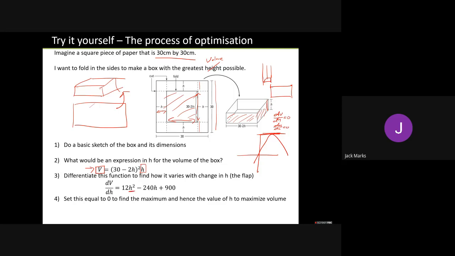And if you set this equal to 0, you will find some values for h. You will find the amount for h that makes this box as big as possible. And that's an optimization problem. So let's have a look at a question.